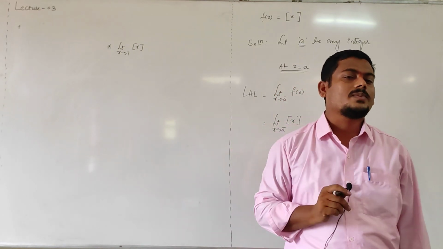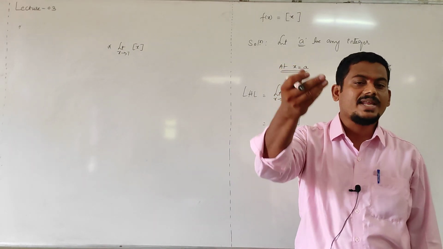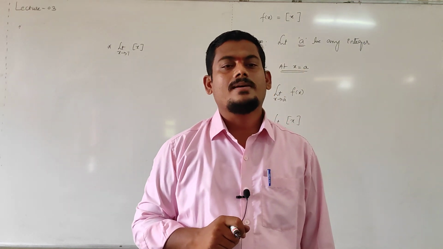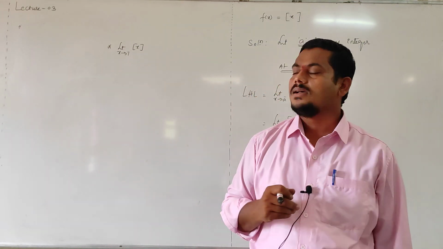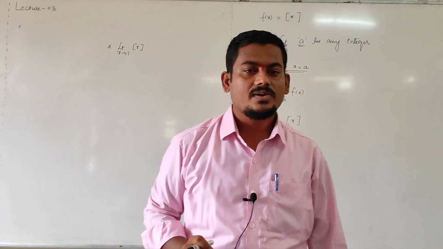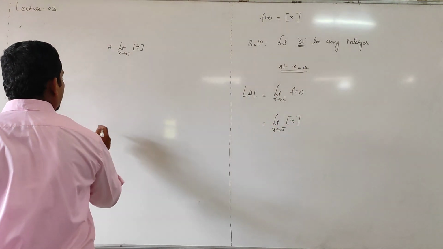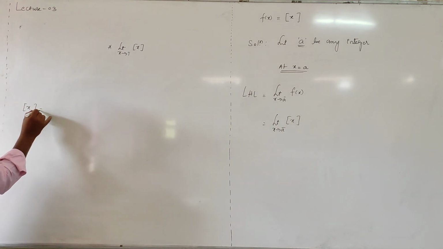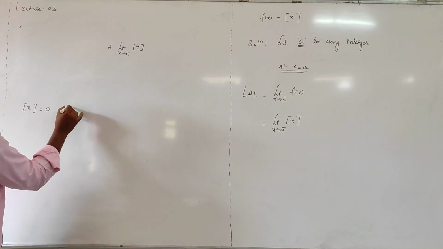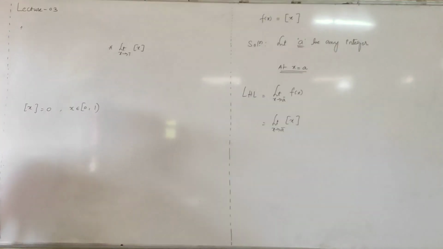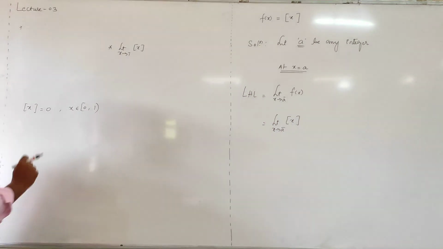What is the meaning of tending to 1 minus? Tending to 1 minus means just less than 1. When x is less than 1, what is the step x output? Clearly 0, right? Because you know that step x equals 0 for all x belonging to 0 to 1, including 0 and excluding 1.